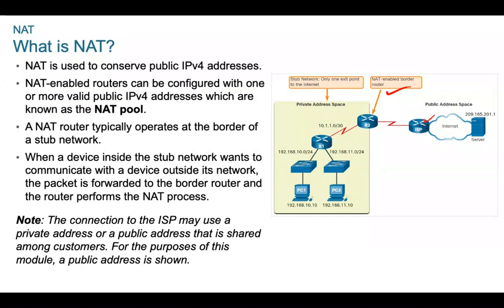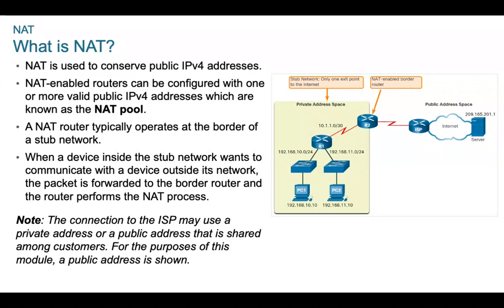Okay, or one way in and one way out of your network. So in this example, in the figure, R2 is a border router as seen from your internet service provider, from a subnet, the subnetwork.